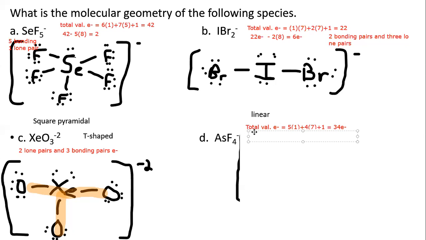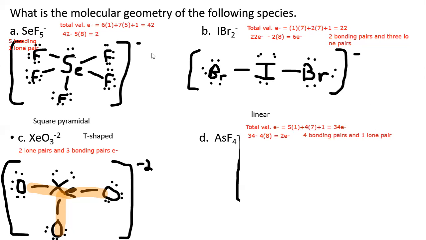We have 4 halogens, and each halogen wants 8. So we have 2 electrons left over. So this is going to have 4 bonding pairs and 1 lone pair around the central atom.